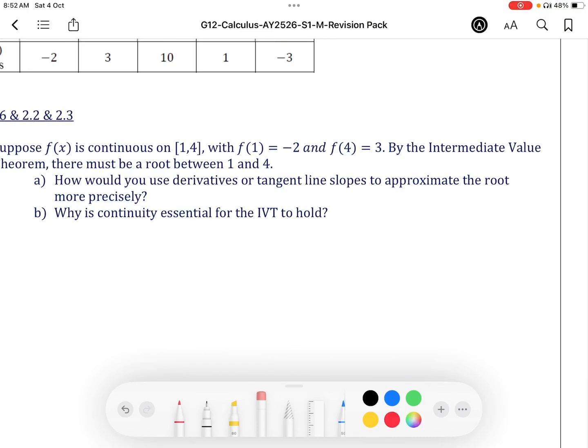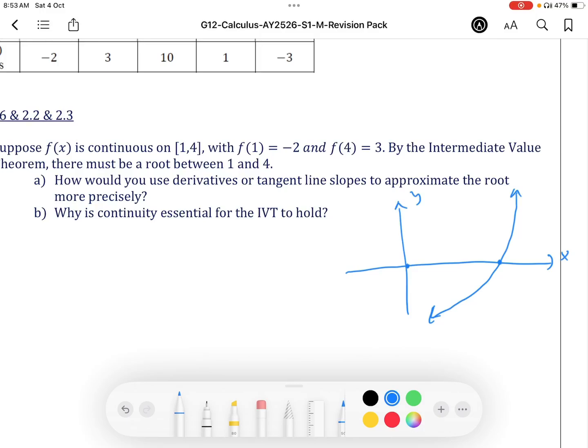Suppose we have the graph for any function. The zero or the root is here, and we don't know exactly what the root is. So we use this method, derivative, to approximate the root.